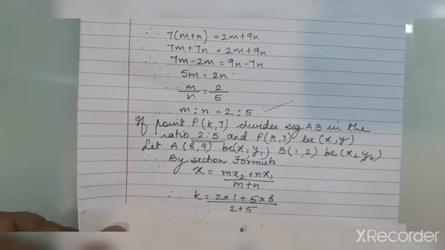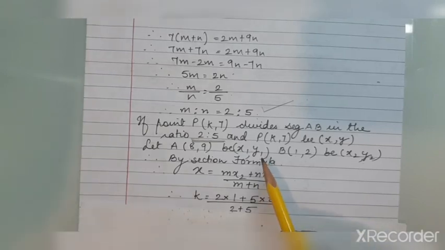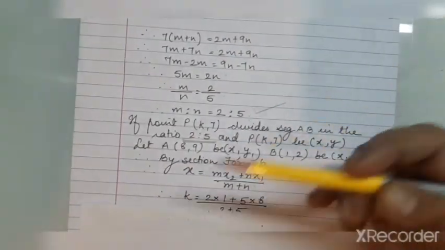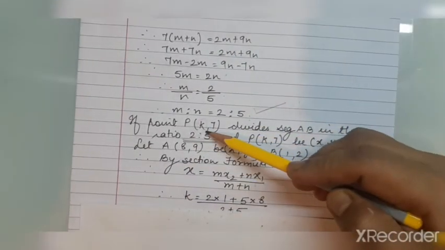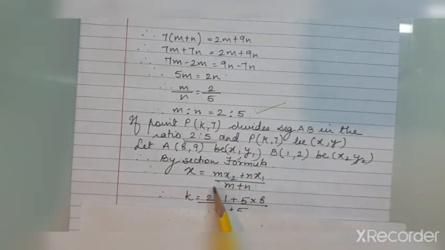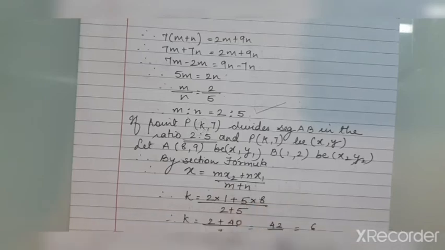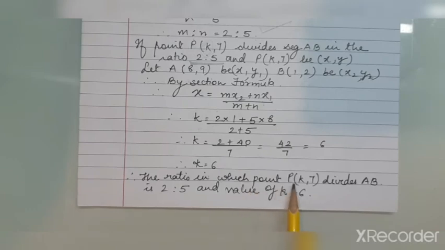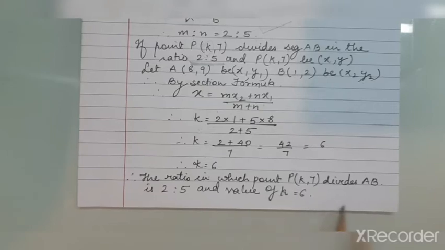This is the same procedure we usually follow. Here we don't need to take both the things again, because we are just concentrating on the x coordinate of this point P. Therefore x is equal to, m we know, n we know, x1 and x2. So x, which is k, we substitute, and the final answer we get is k equal to 6. Therefore the ratio in which the point P (k, 7) divides AB is 2:5, and the value of k is 6.